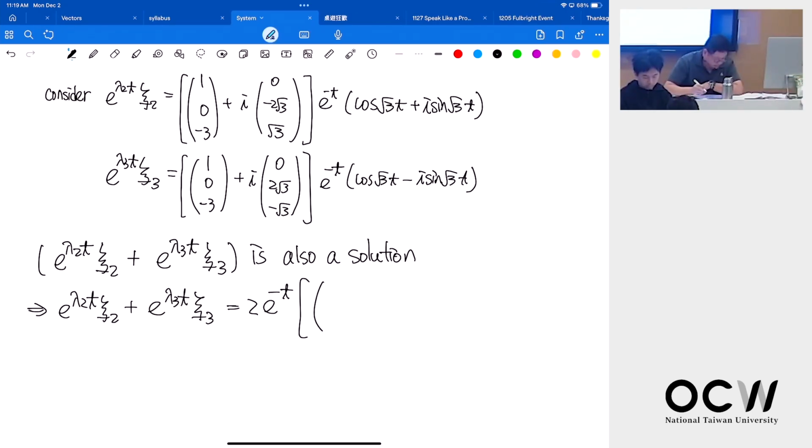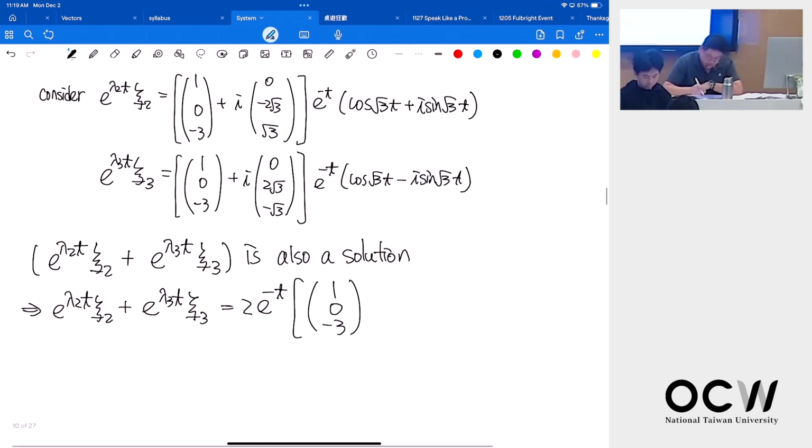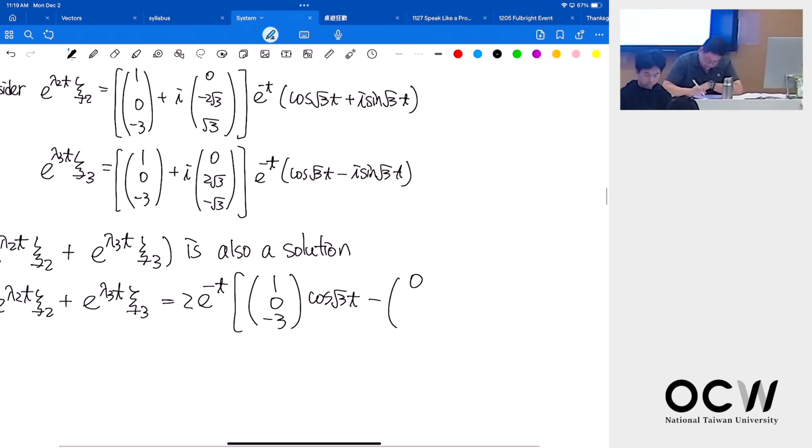That means we have 1, 0, minus 3. If I add this together, they will cancel the complex term, the imaginary part. Cosine square root of 3t minus 0 minus 2 times square root of 3 sine square root of 3t.